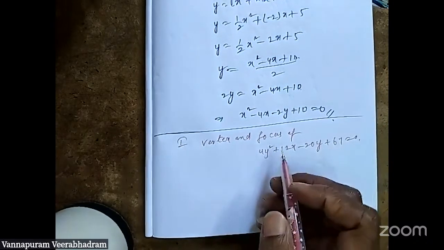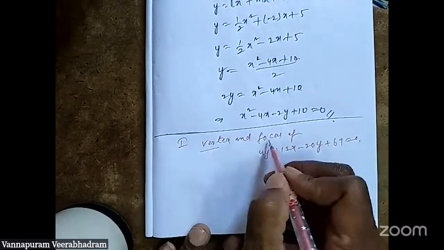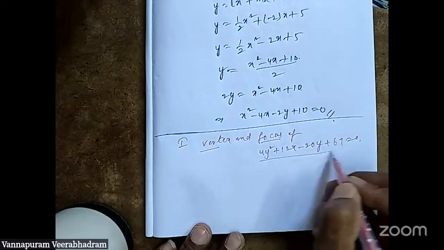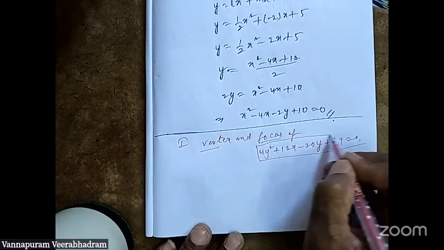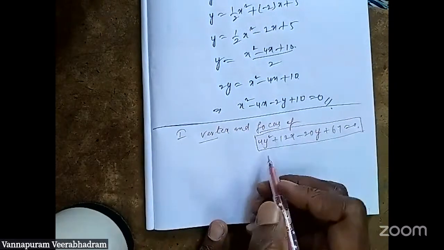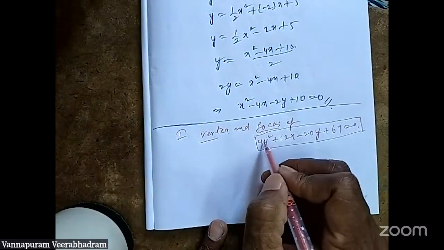So in this question, to find the vertex and focus, the given parabola equation is transformed into the standard form. Here we have y square.